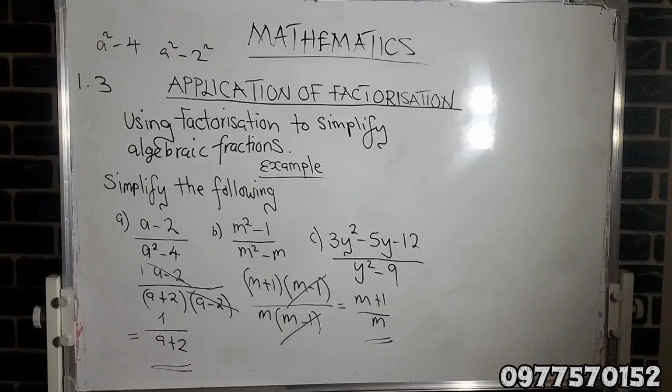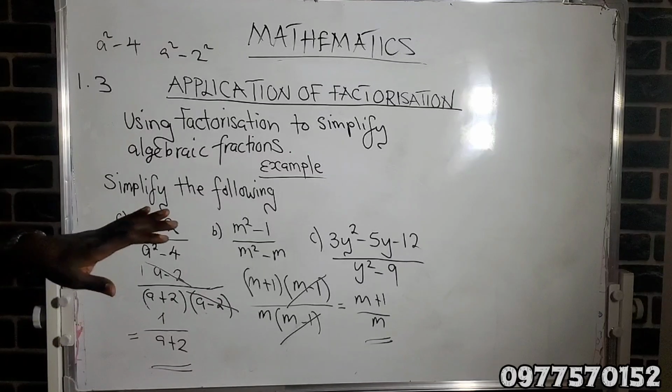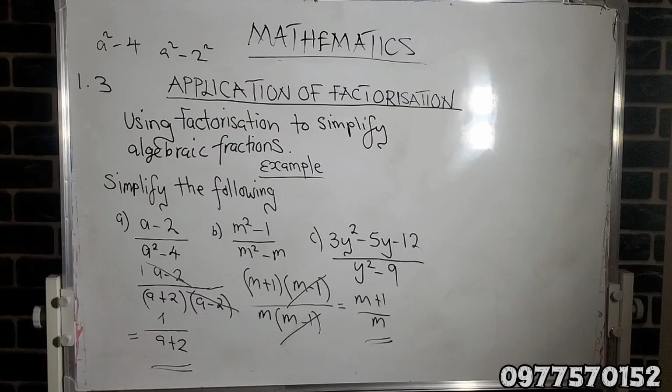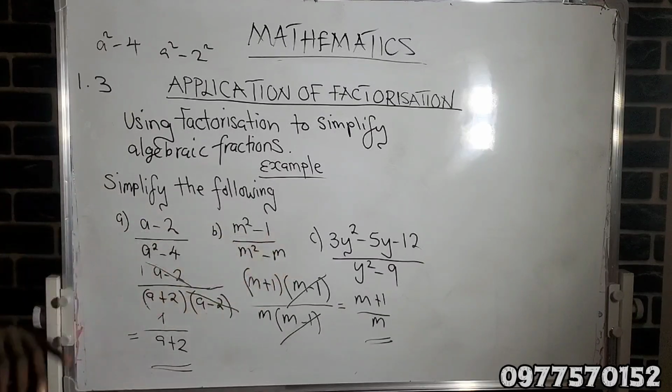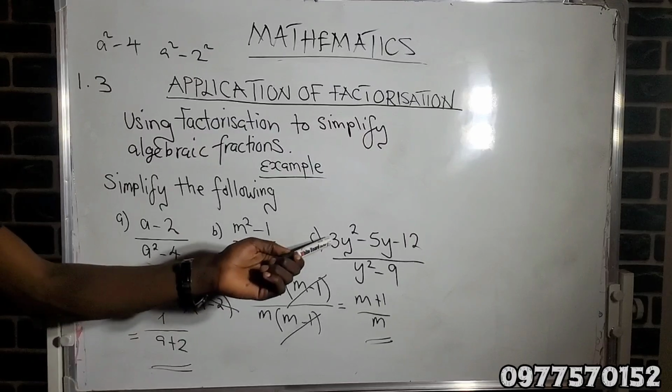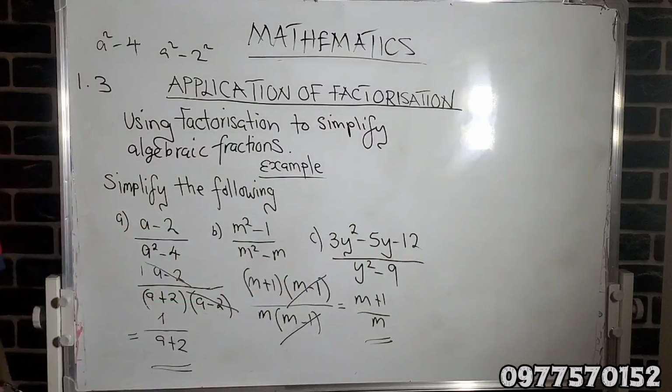Okay, now number C, we also have a bonus question. Yes. We have a bonus question. Now, this one, when you look at this question, what type of expression is on the numerator?